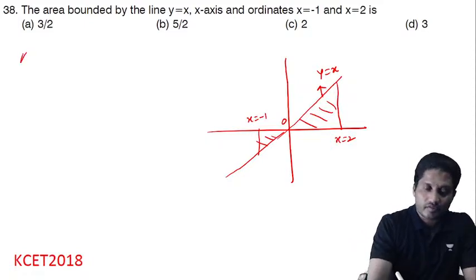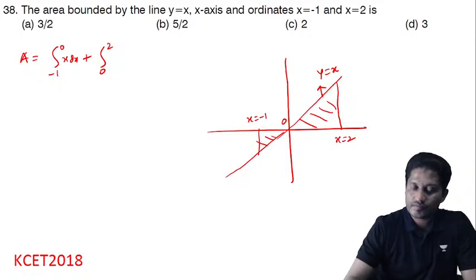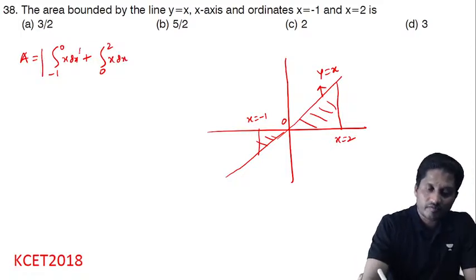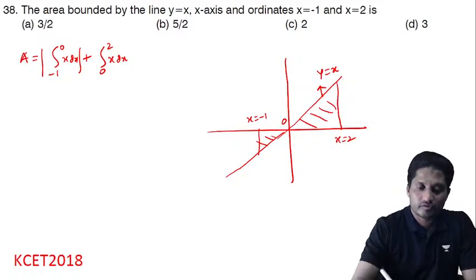So area is equal to integration of minus 1 to 0 of x dx plus integration of 0 to 2 of x dx. I'll keep a mod here because area below the x-axis will be negative, so you take mod, neglect the negative sign.